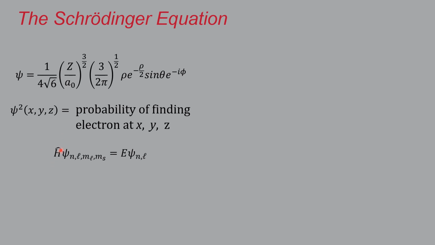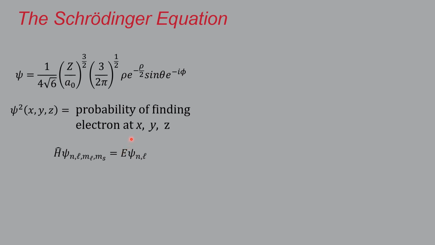Now this Hamiltonian operator is a complicated one. It involves taking a second derivative, squaring a couple things, and multiplying by some constants. But that operation, and trust me, you don't want to actually see it done, gives you the original function back and the energy. So it's the original function multiplied by the energy.